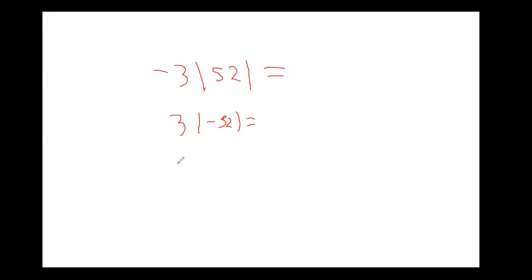And let's go negative 3 times the absolute value of negative 52. So it's going to be the same number, but then we're going to have to figure out whether it's going to be negative or positive each time. Okay, so it's going to be pretty easy to figure that part out.